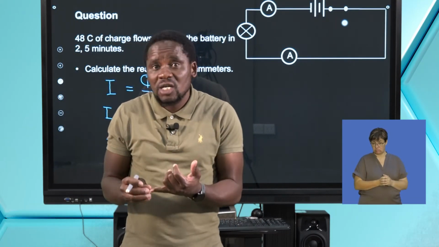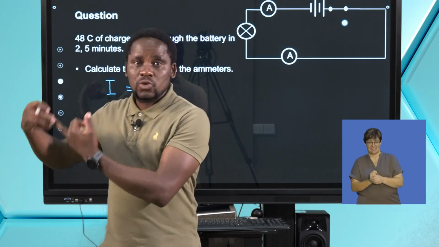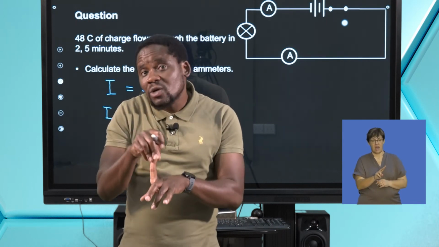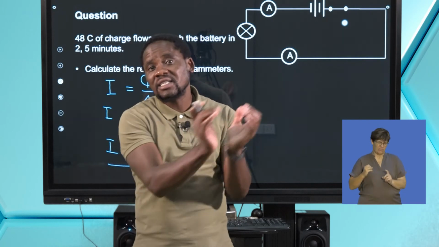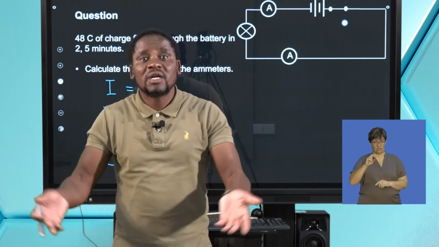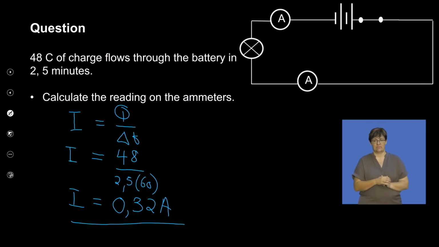We are given the charge in coulombs. We managed to do the necessary conversion from 2.5 minutes to seconds, okay? And then whatever we're looking for, in this case the ammeter reading, which is an indication of current intensity or strength of current, or simply put, the amount of current that passes through a point, we managed to get to that, okay?